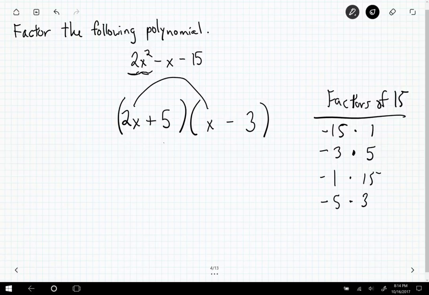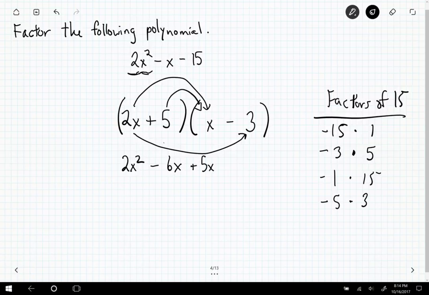And so if we're trying to double check our work, go 2x times 2x, that gives us 2x squared. Okay, and so I think the FOIL method goes outside times outside, so we go 2x times negative 3, so that would be negative 6x. And then we go inside times inside, so that goes 5 times x, so plus 5x.